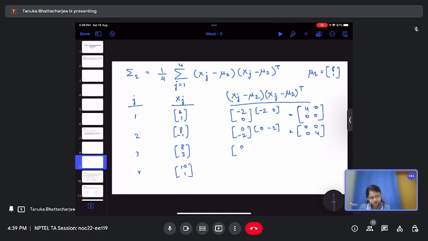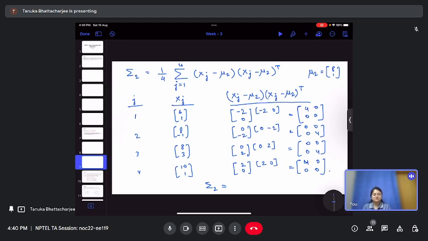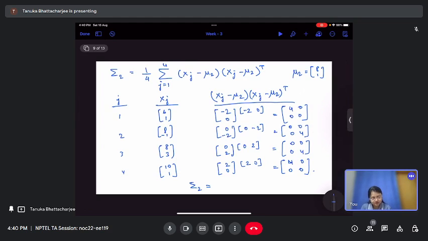Then you have (0, 2) times its transpose, so again [0 0; 0 4], and lastly (2, 0) times its transpose, that is [4 0; 0 0]. Going by the similar formula, we sum up these 4 matrices and divide each element by 4. The final value that you will get is [2 0; 0 2]. This will be the covariance matrix of the second class.